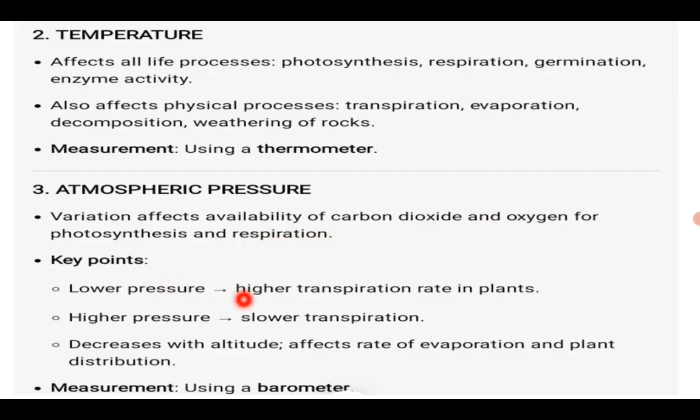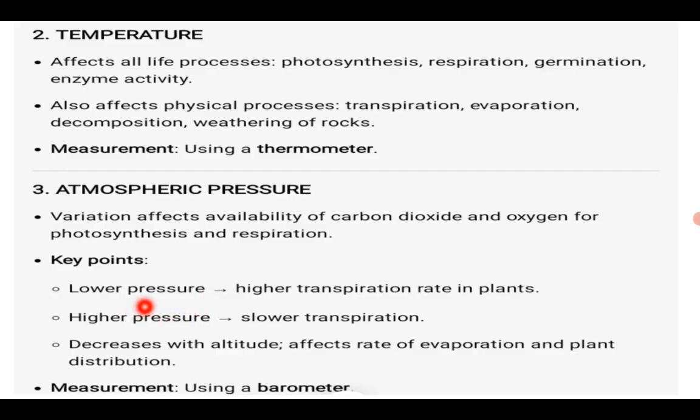So the key point to note is that lower pressure leads to higher transpiration rate in plants. When the atmospheric pressure is low, transpiration rate increases. In other words, plants lose more water into the air.